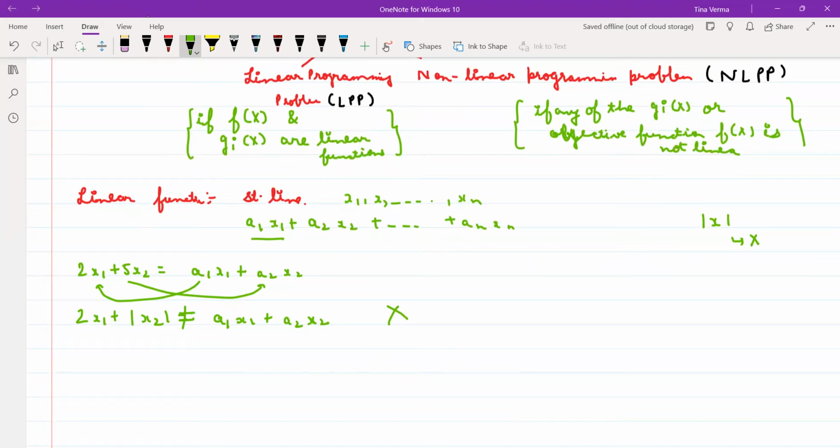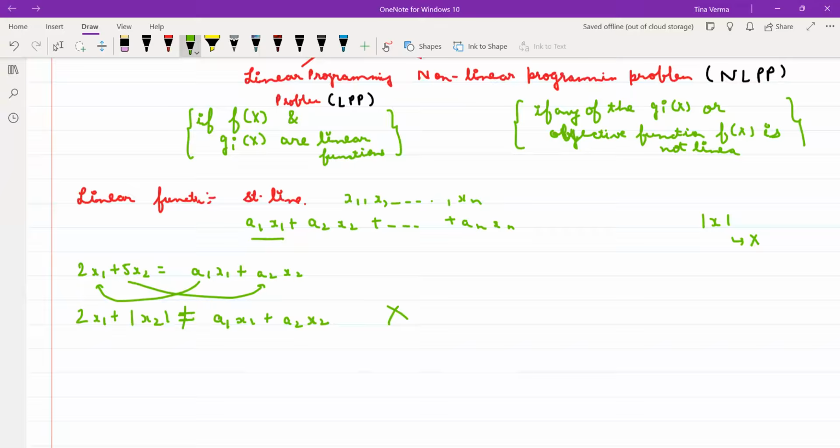Linearly, it should be written like this: a1 x1 plus a2 x2 up to an xn. Even when you notice some definition where you have confusion, like when you are asked whether a differential equation is linear or non-linear, in the definition they write that it should be written as a naught d^n y upon dx^n plus a1 d^(n-1) y upon dx^(n-1) and so on. There, when you have mod of y, you cannot write it as a linear combination.